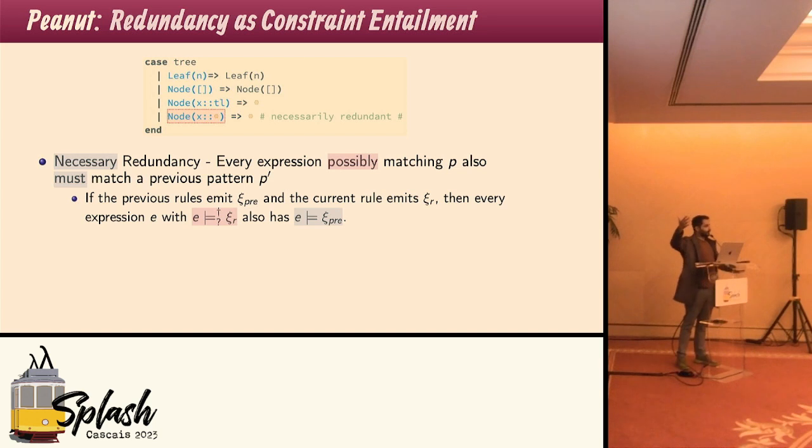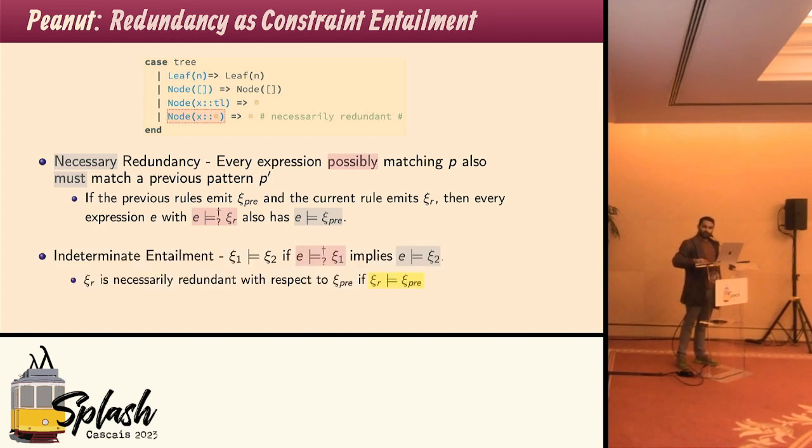It will necessarily match something before if it possibly matches P. So you can turn that into an entailment in the same way. There's a possibly and a necessary there. And so at the end, you get this kind of indeterminate entailment thing. So in yellow there, you see that the question of redundancy checking reduces to this question of an entailment between the constraints from the pattern you're considering as possibly redundant and all of the constraints previous to that pattern above it in the pattern match. Okay, so we've turned, in other words, these two questions into a constraint entailment question.